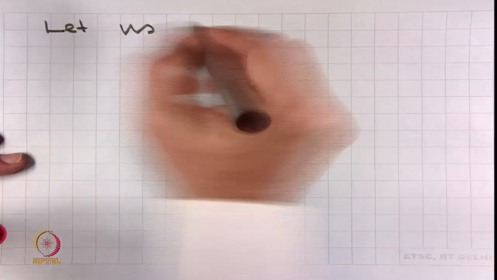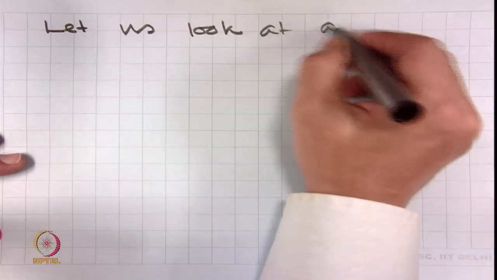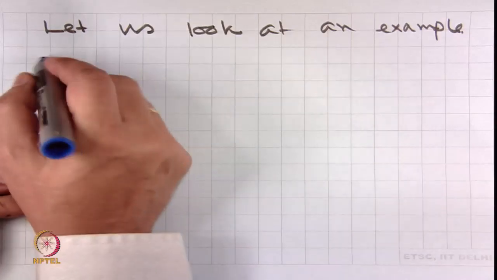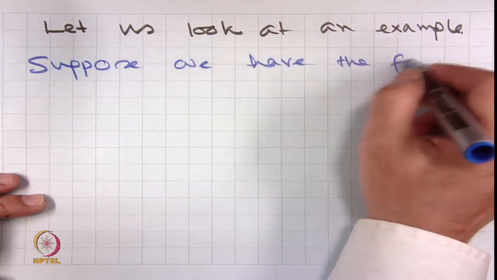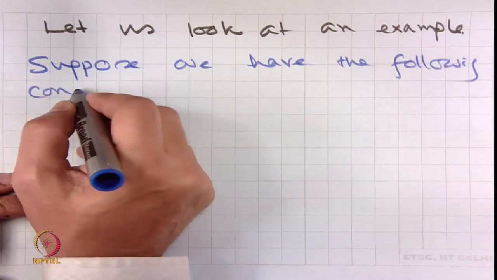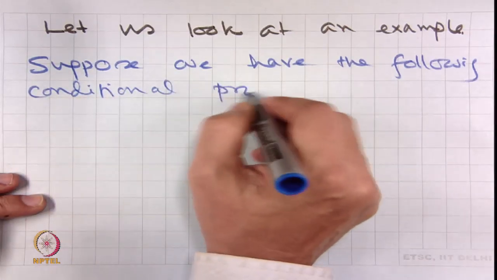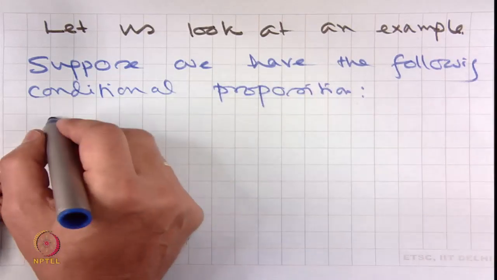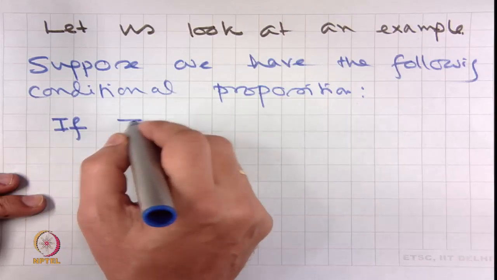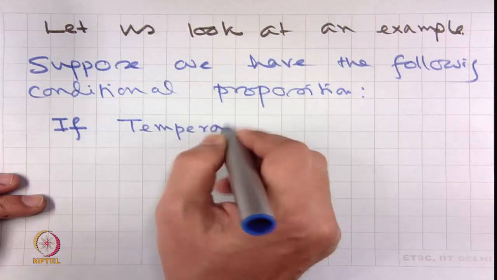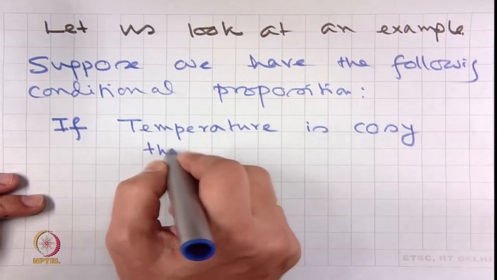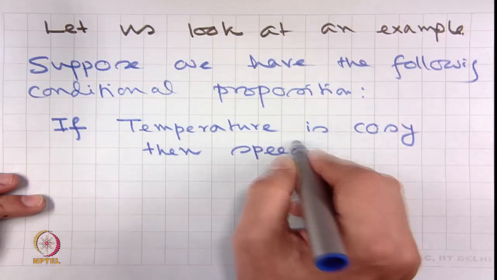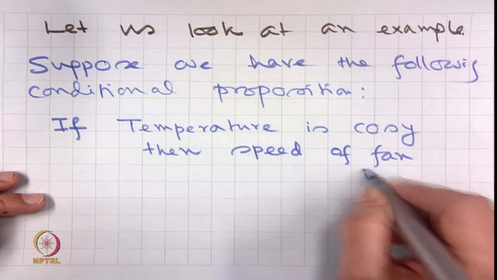Let me now illustrate with an example. Suppose we have the following conditional proposition: if temperature is cozy, then speed of fan is moderate.